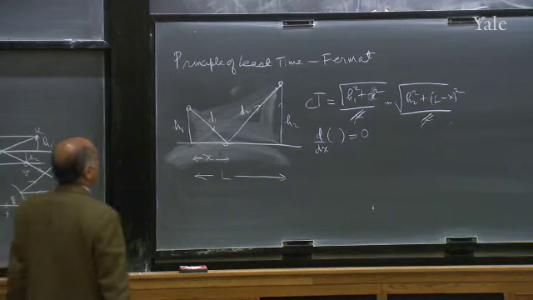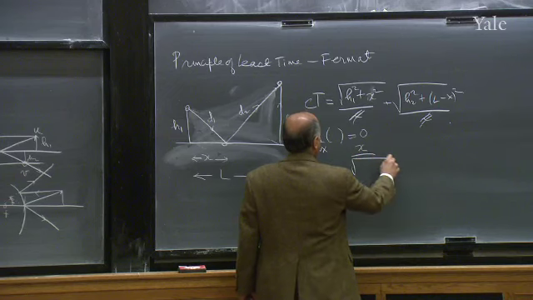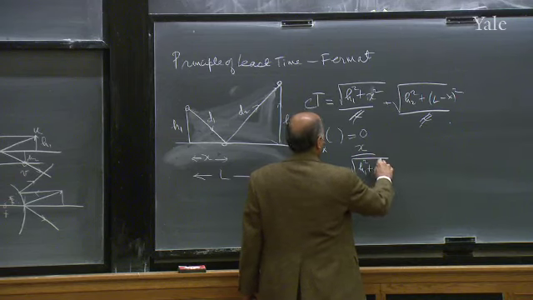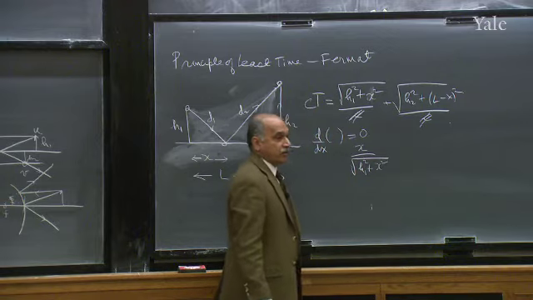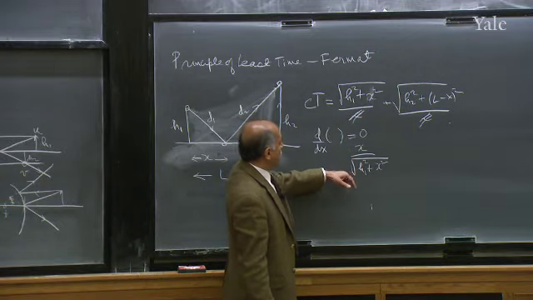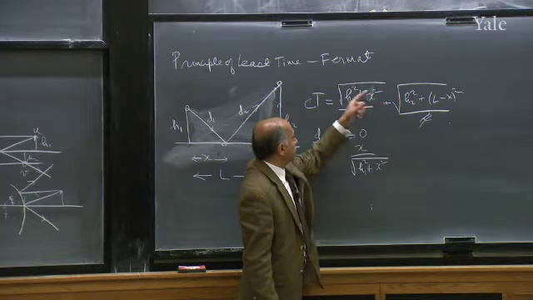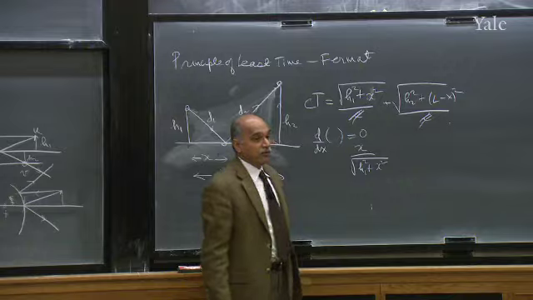So let me take d by dx of the first term. That is x divided by square root of h1 square plus x squared. You understand? Something to the power 1/2 is 1/2 times something to the power minus 1/2 times derivative of what's inside. That's a 2x. That's what cancels the 1/2, and you get this.